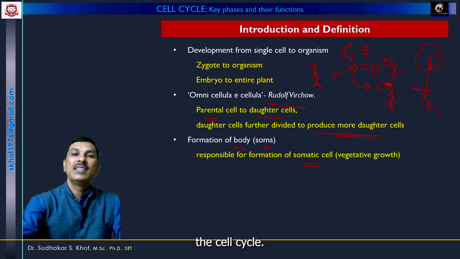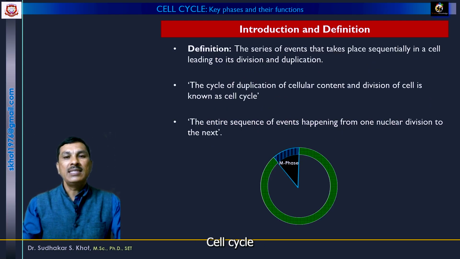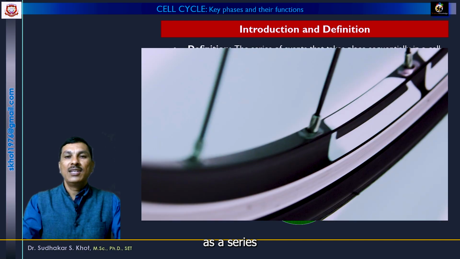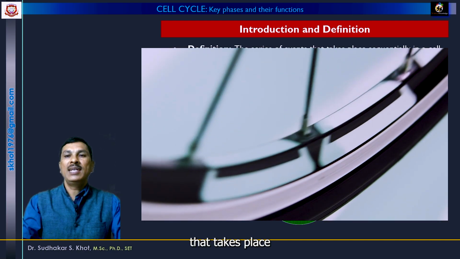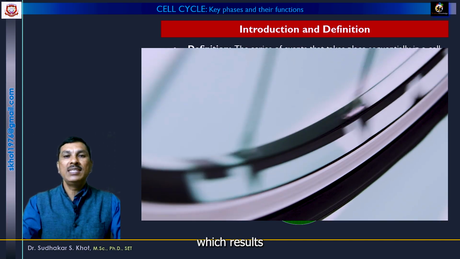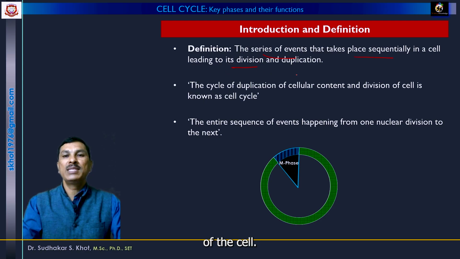Let us define the cell cycle. Cell cycle can be defined as a series of events that take place sequentially, which results in the division of the cell and duplication of the cell. Cell cycle can also be defined as duplication of cellular content and division of the cell.